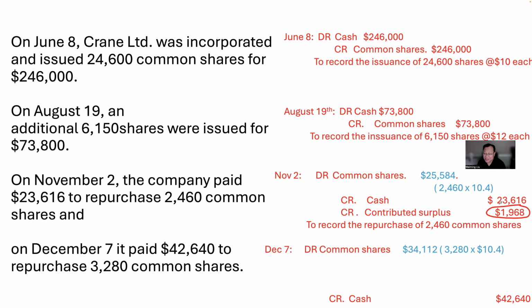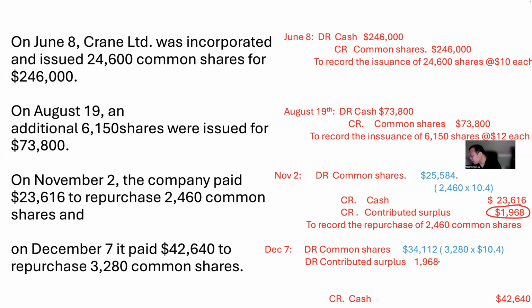Now in this scenario, December 7th, probably the stock price is going up. It costs the company more money to buy it back, right? So the company will first use contributed surplus. Now you can debit the entire amount, 1,968.